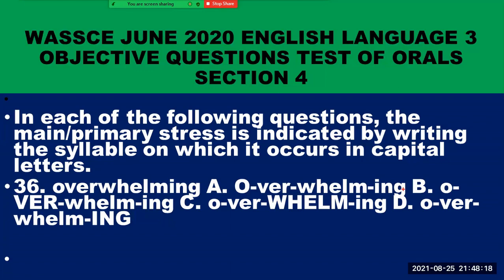When you stress a particular syllable in a word, it means you pronounce that syllable louder and longer than the other syllables. So if in option B, you decide to put stress on VER, then you distort the sound, which of course doesn't sound natural.